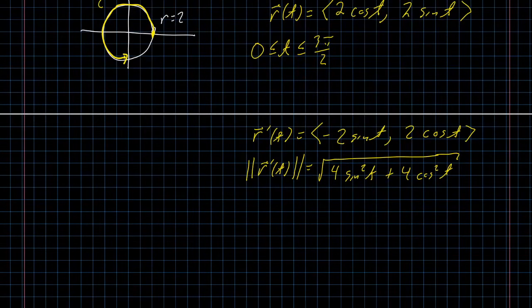Notice that sine squared plus cosine squared is 1, so 4 sine squared plus 4 cosine squared is 4, and the square root of 4 is 2. So ds is magnitude of r prime times dt. Magnitude of r prime is 2 in this case.